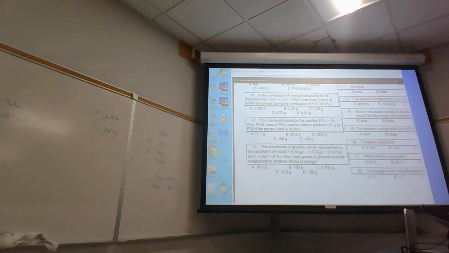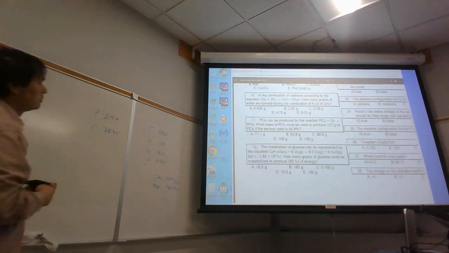Well, we're going to use this to figure it out: 100 grams of theoretical yield over 84.8 grams of actual yield. Since we're going to lose like 15% of this, we'll have to produce 15% more. So 127 times 100 divided by 84.8. We'll have to produce 150 grams worth of it in order to get an actual yield of 127.